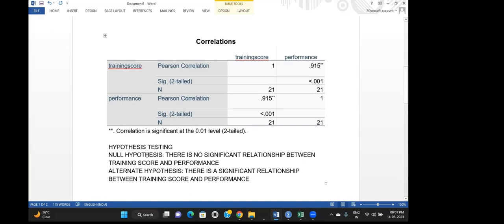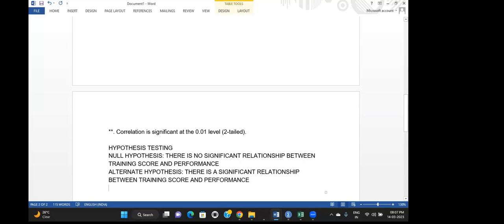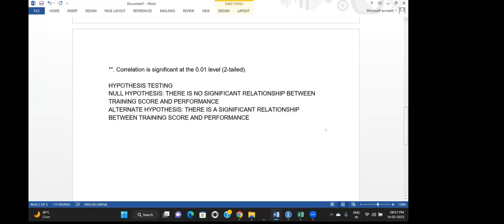When we talk about the null hypothesis, it always says there is no significant difference, no significant relationship between training score and performance, and the alternate hypothesis is always opposite to the null hypothesis. The alternate hypothesis says there is a significant relationship, right?